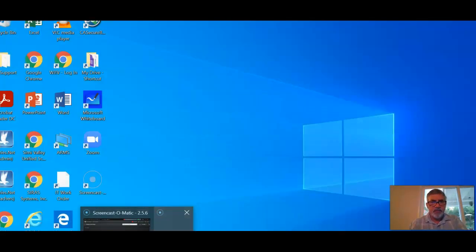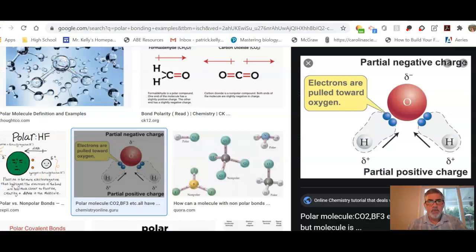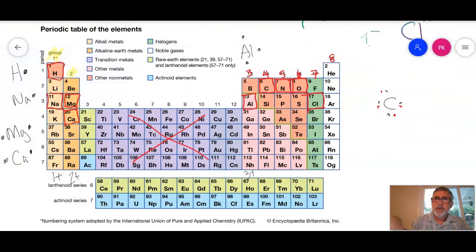Nitrogen. Sorry, my screen went crazy there. So nitrogen, if we look at nitrogen next to it, has 1, 2, 3, 4, 5 valence electrons.